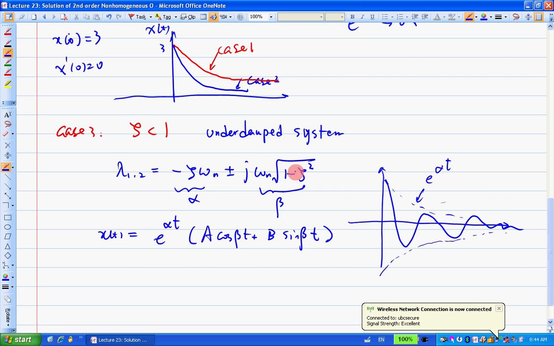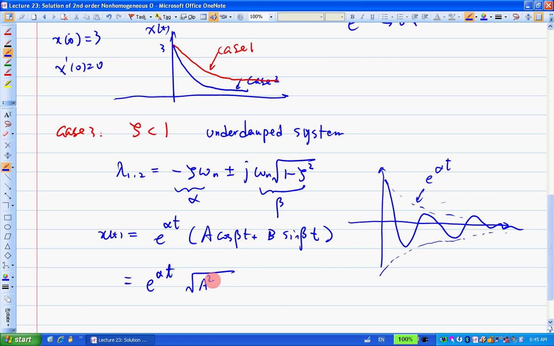So this is greater than 0 now, right? So this is a complex number. When you have complex conjugate roots for a second order homogeneous ODE, with alpha and beta defined, then your general solution is this. And for this particular one, if you recall, we can rewrite this one as this.